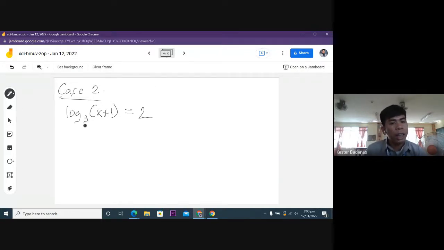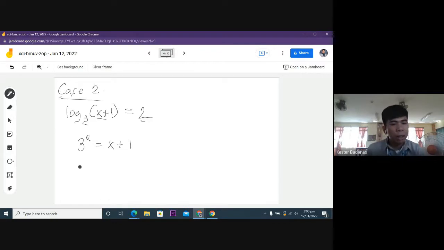So, paano i-rewrite? We have the base, 3. We have the exponent, 2. We have the product, x plus 1. Yung buong yan, product yan. So, logarithm of x plus 1 with the base 3 is equal to 2, magiging 3 raised to 2 is equal to x plus 1.